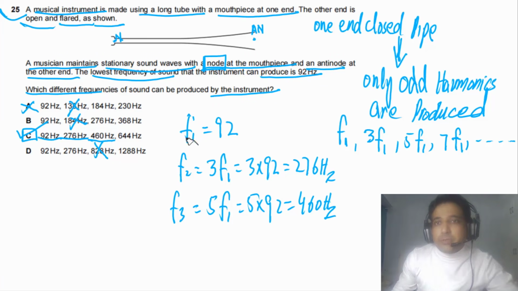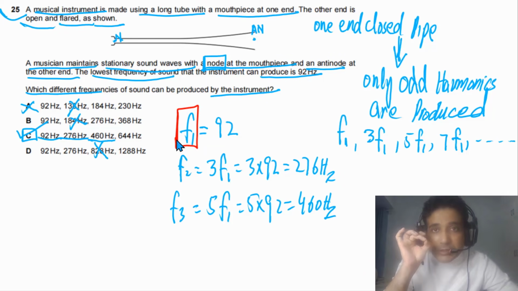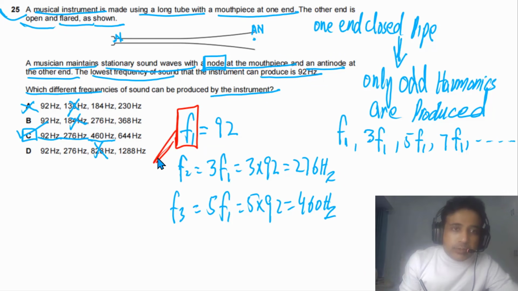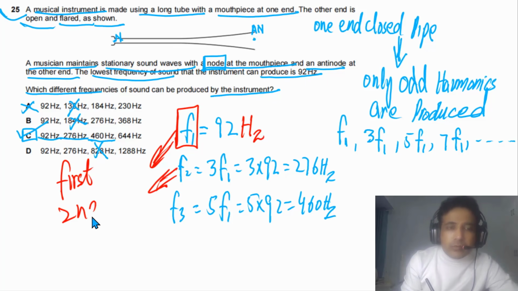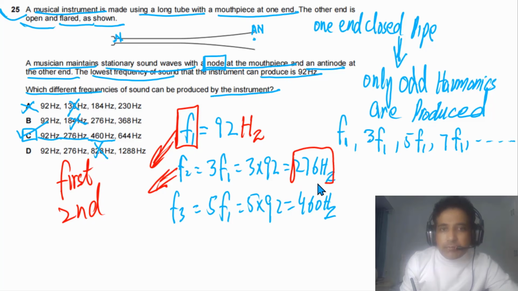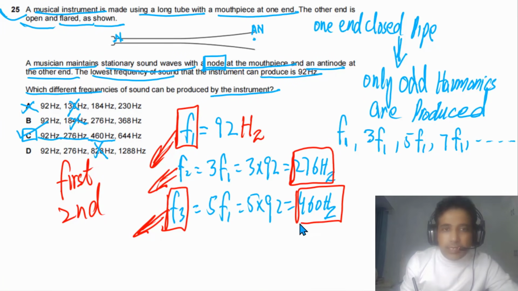Only odd harmonics. F1 represents the frequency when we will hear the first loudest sound. We will hear the first loudest sound when the frequency is equal to 92 Hertz, and we will hear the second loudest sound when the frequency is equal to 276 Hertz, and we will hear the third loudest sound, or you can say third maximum, when the frequency is equal to 460 Hertz, and the fourth one when the frequency is equal to this one.